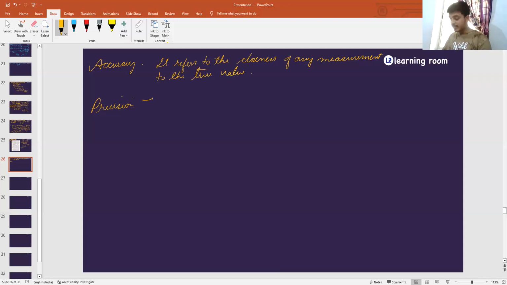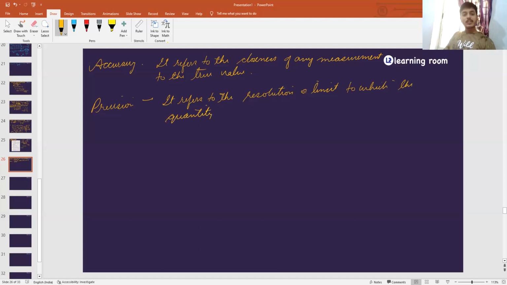And precision refers to the resolution or limit to which the quantity is measured.